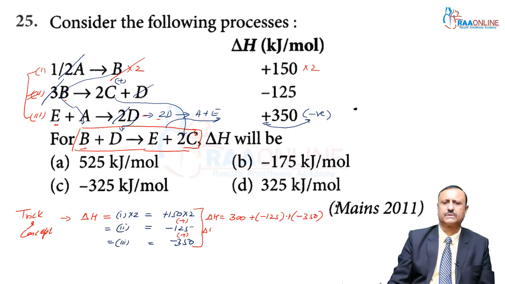This is the delta H. Now, we can calculate 300 minus 125 minus 350. So, my dear students, in question number 25, we can go to the answer B, because here 300 minus 475, you get minus 175 as the answer, kilojoule per mole.